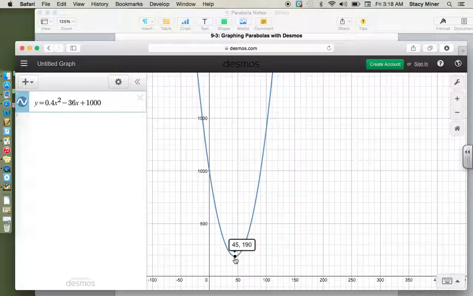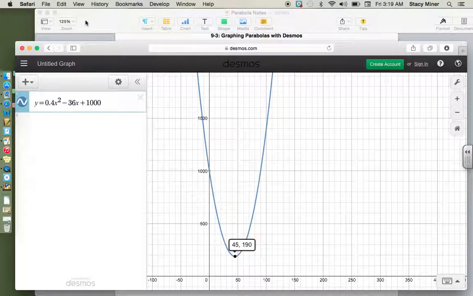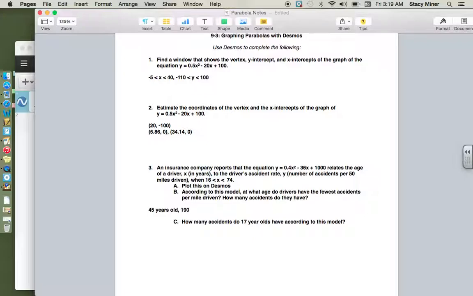So 45 is saying 45 years of age, and 190 is a number of accidents. Okay, so it said, at what age do drivers have the fewest accidents, and how many accidents do they have? And we said that was 45 years old, and 190 accidents.